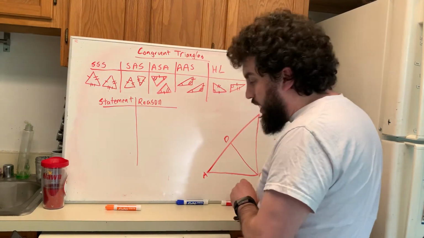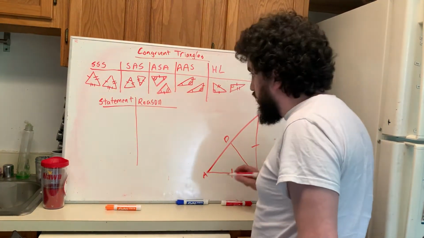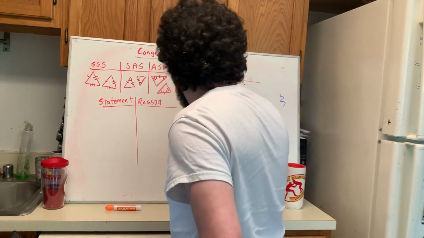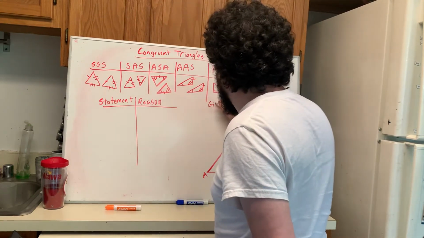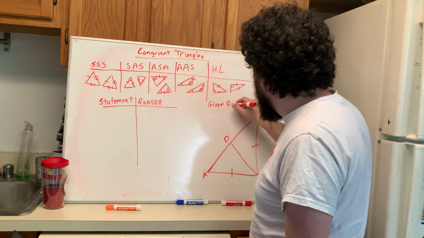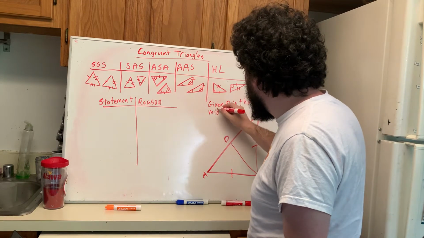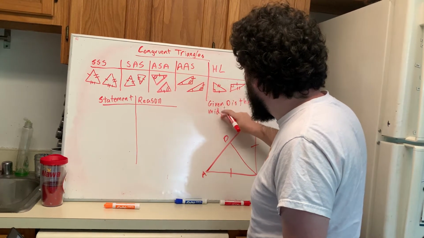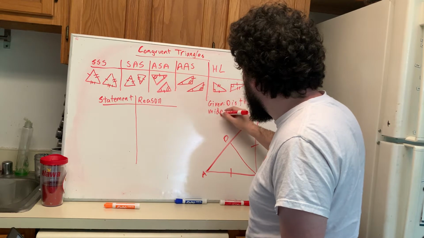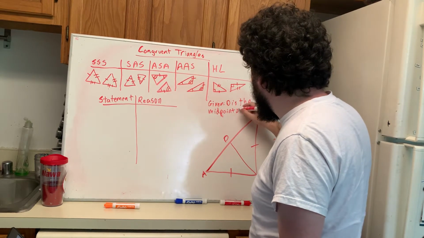Right away, I'm told that these sides are congruent. And actually, this has a statement off to the side. This says given D is the midpoint of AC.